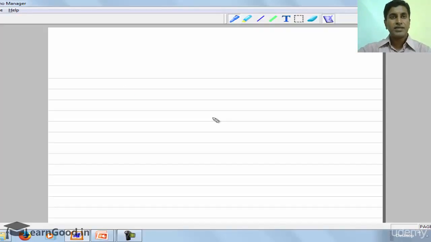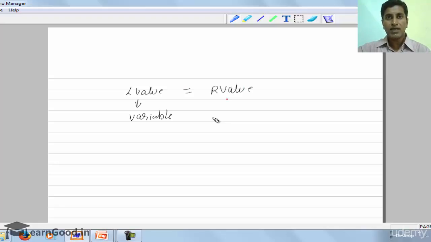First, the L value, I said, has to be a variable, and it is equal to the R value, which can be a literal constant, or else a variable, an expression, or even a function call.